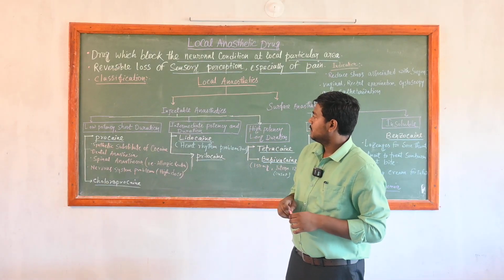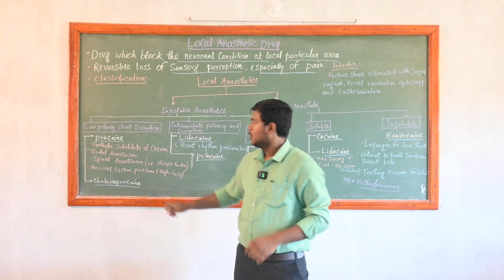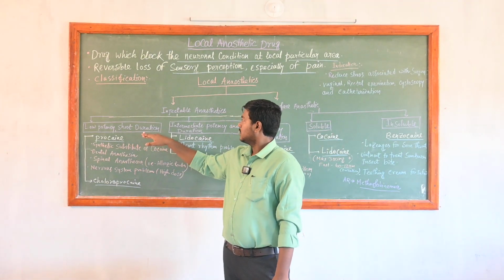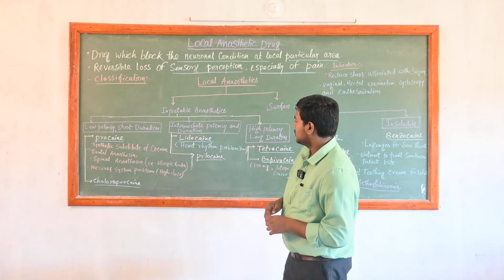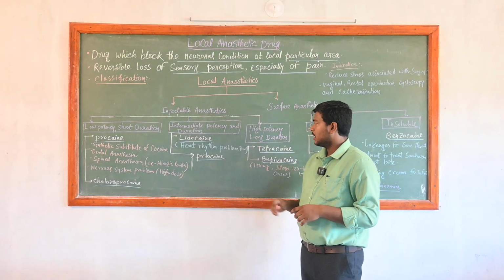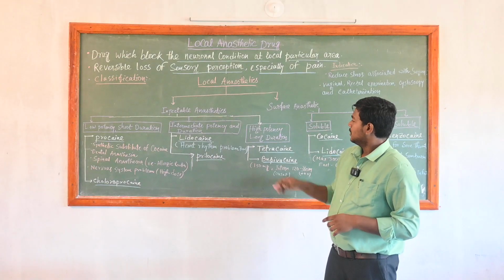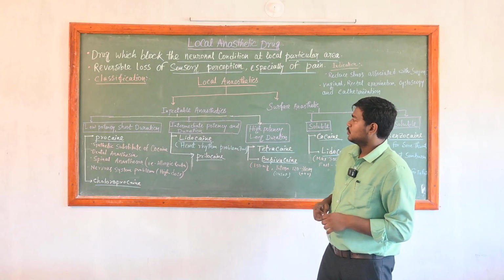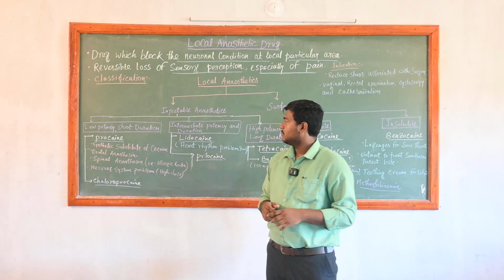Now these injectable anesthetics are subcategorized into three groups: low potency and short duration injectable anesthetic drug, intermediate potency and intermediate duration injectable anesthetic drug, and high potency and long duration injectable anesthetic drug.